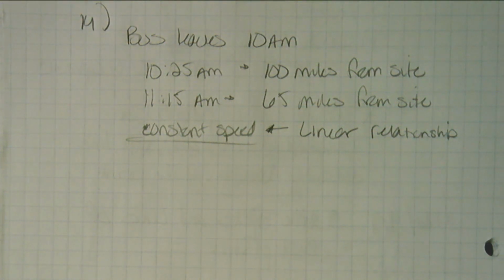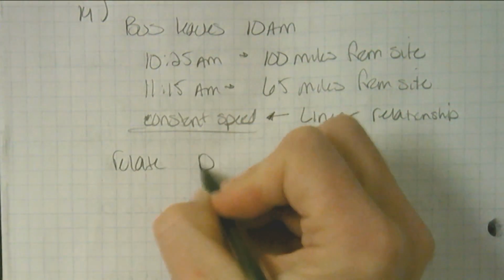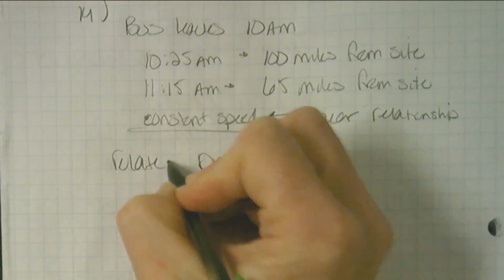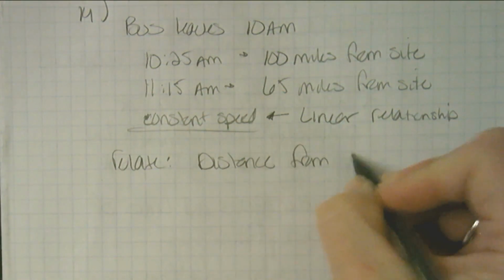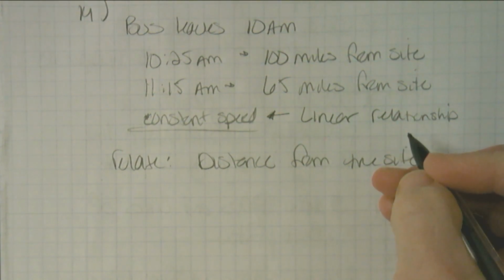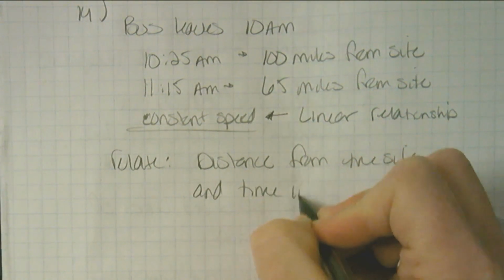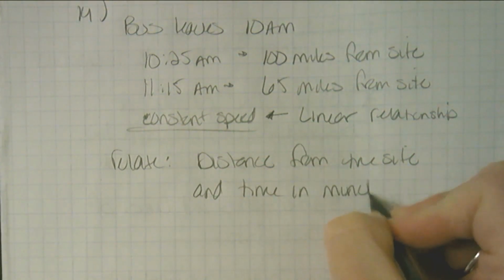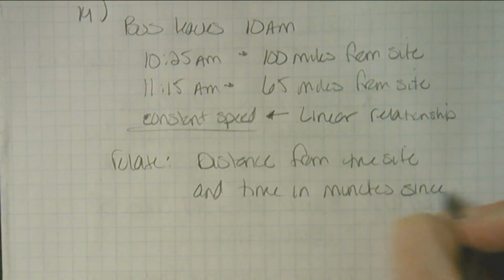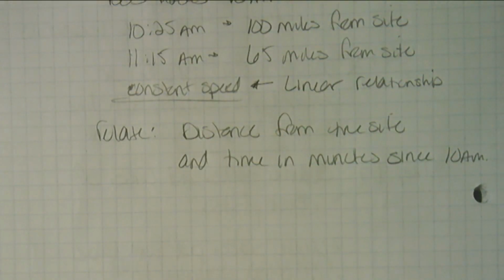Write an equation in point-slope form that relates the distance. Now, this is really important. We want to relate the distance from the site and the time in minutes since 10 a.m. That's really, really important.